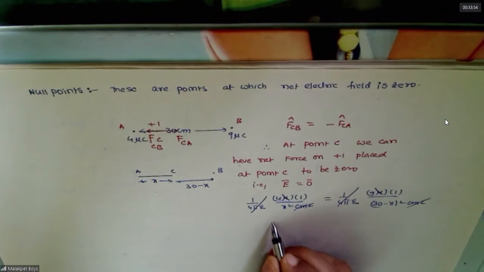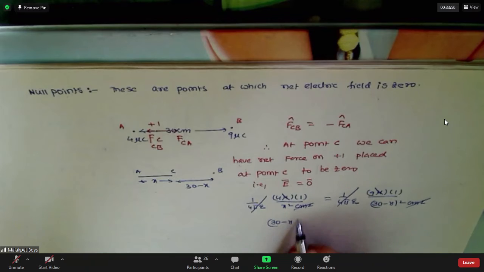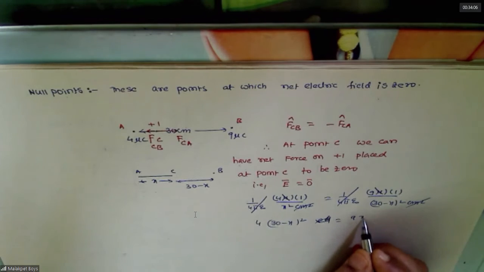Agreed? So you have 30 minus x whole square into 4 equals 9x square.